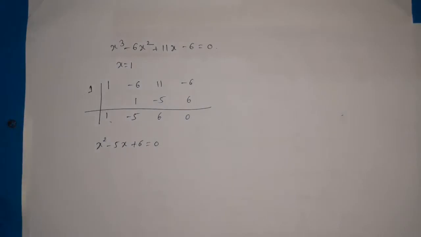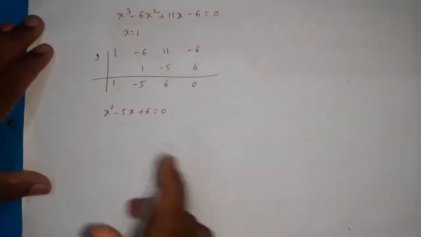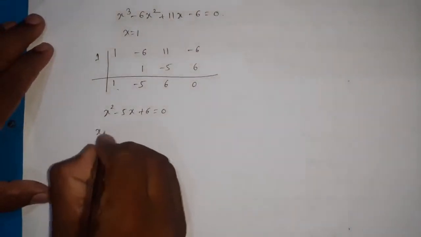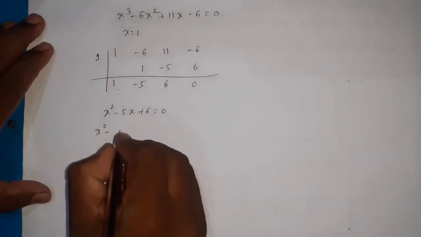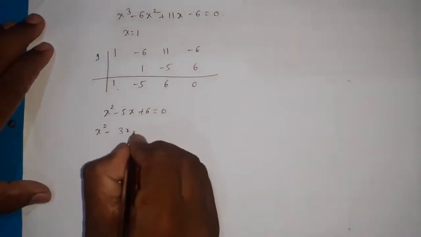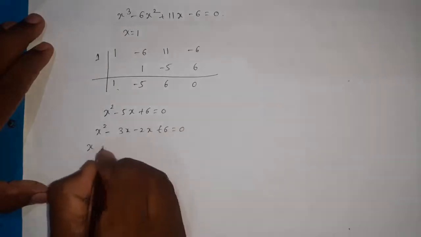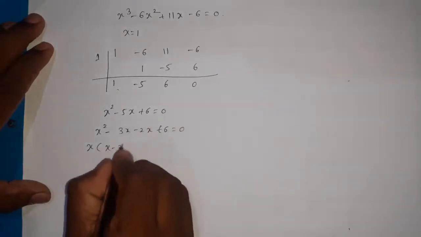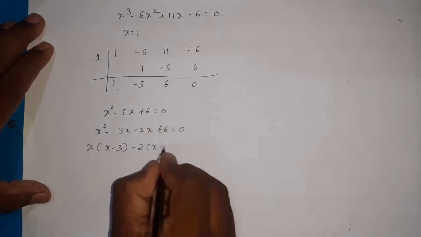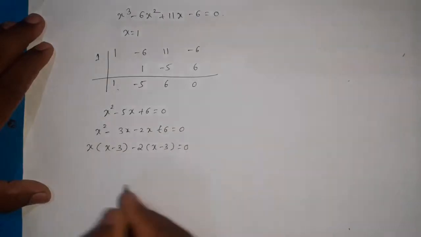So by using the factorization, we can easily find the two roots of this equation. So here x square minus 3x minus 2x plus 6 equal to 0, then x is common, x minus 3, minus 2 times x minus 3 is equal to 0.